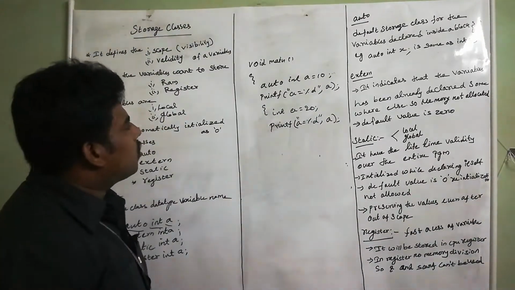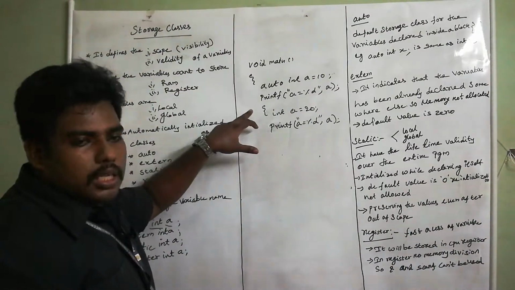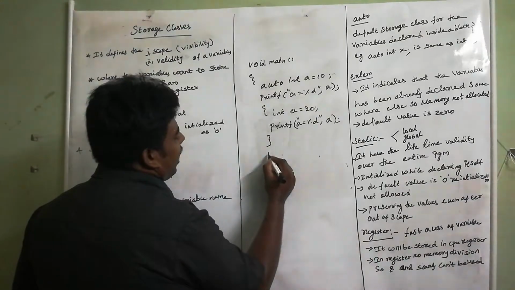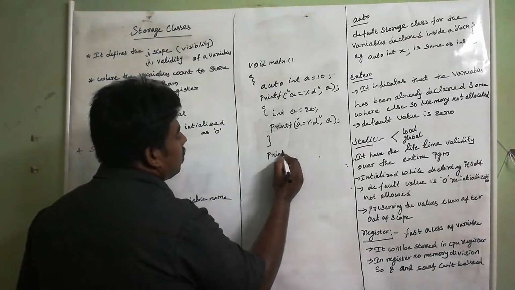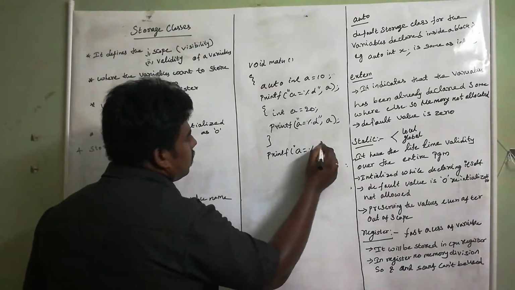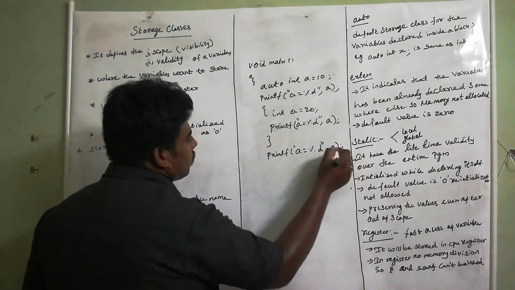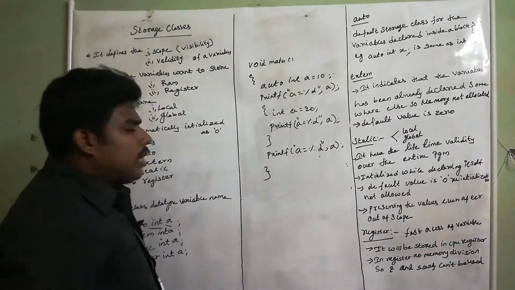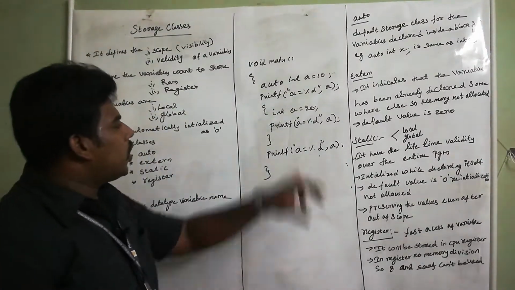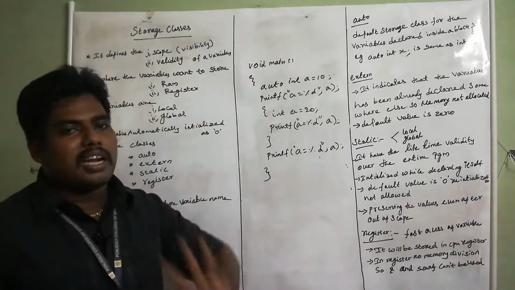All of you understood? First I declared a variable and printed. Again I am declaring a variable and printing. Again I am going to write one printf statement: printf a equal to %d comma a. Now say the output for this. Auto int and int is the same, so don't get confused about that.